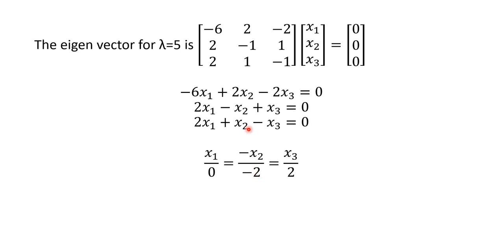So x2 by, here it is minus 4. So we have minus 4 here.